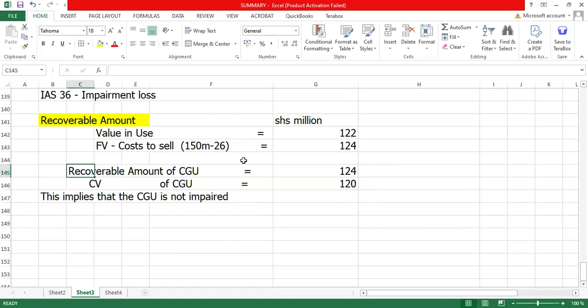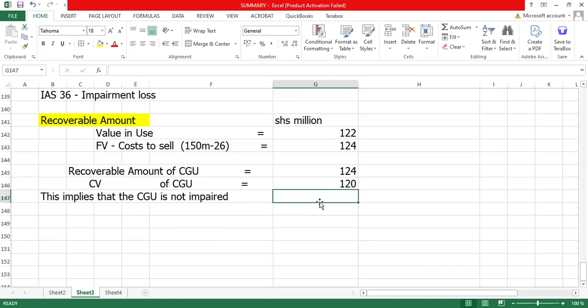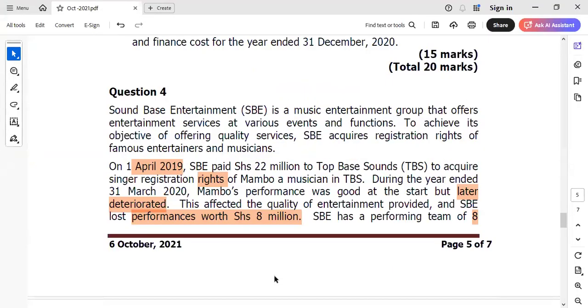But if the recoverable amount is still above, then you record the carrying value in your balance sheet. What else in this question is not clear?